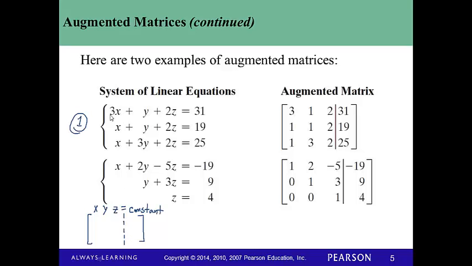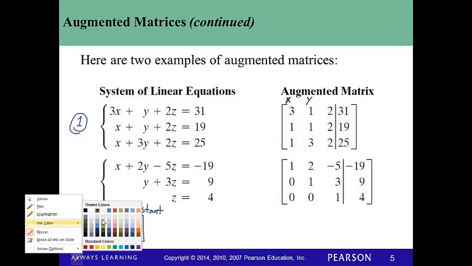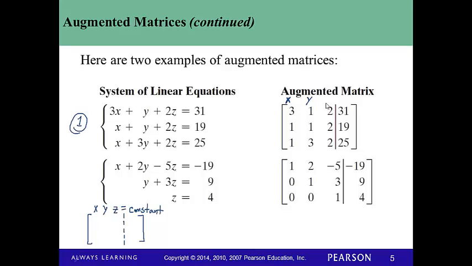Okay, so here we go. The first equation says 3x plus y plus 2z equals 31. Well, this is the x column. This is the y column. And the last one is the z column. So the first coefficient we see is 3, so we put a 3. The second is a 1 on the y and a 2 on the z. So this becomes 3, 1, 2.